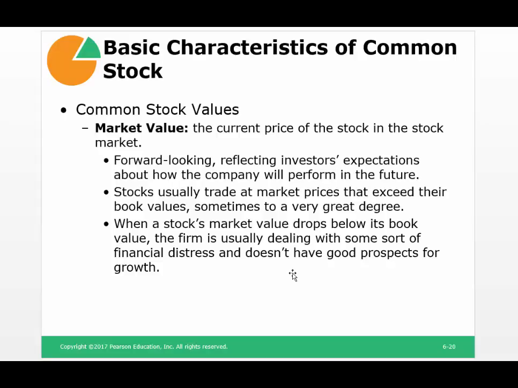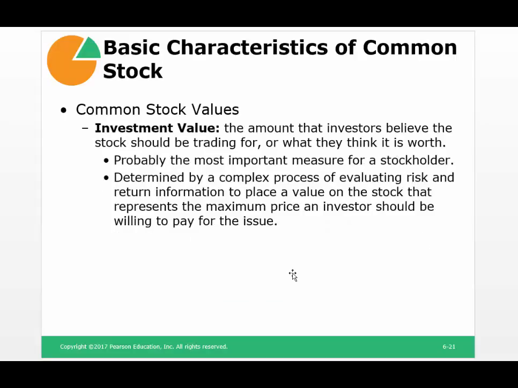So if the stock price actually falls below its book value, there could be some very big problems, and maybe we might not want to invest in those companies. So market value is what you have to pay to buy this, and again, it reflects what investors are thinking about the stock.